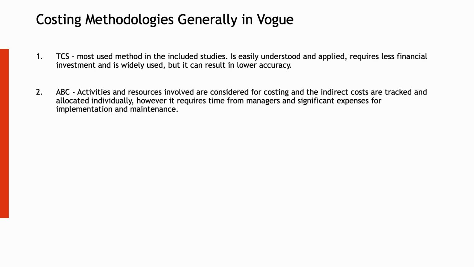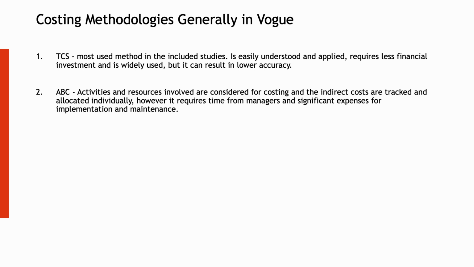The second method is called ABC. It stands for activity-based costing. So what happens here is activities and resources that are involved are considered for costing, and the indirect costs are tracked and allocated individually.